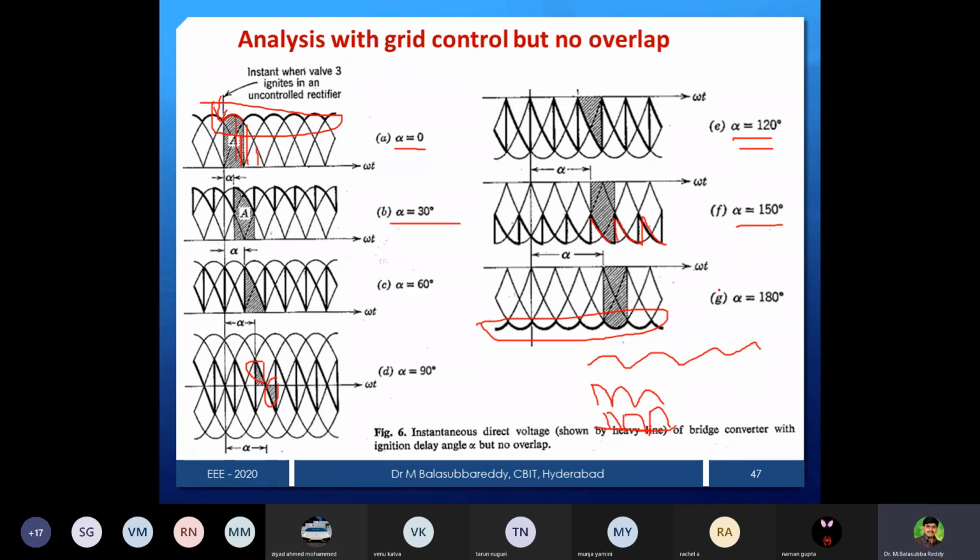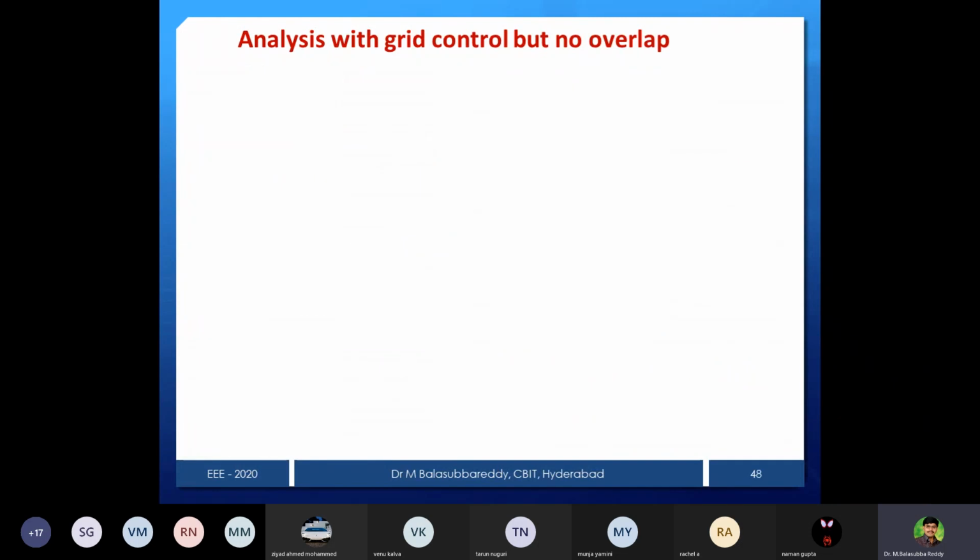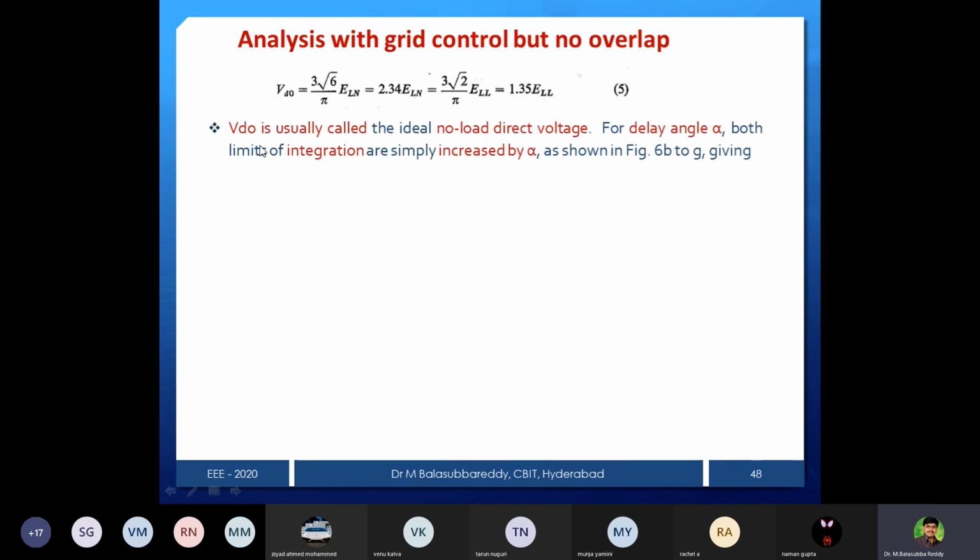So now this is the variation of the voltages by changing the firing angle. Now I just converted into line to neutral. We get this expression, 1.35 into ELL, and Vdo is usually called the no-load direct voltage. For any delay angle alpha, the integration simply changes by replacing the alpha.